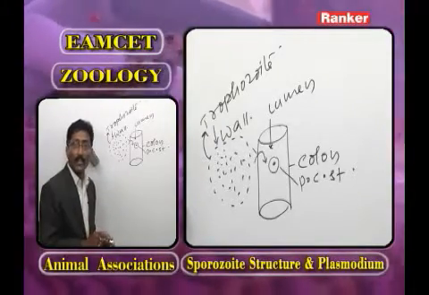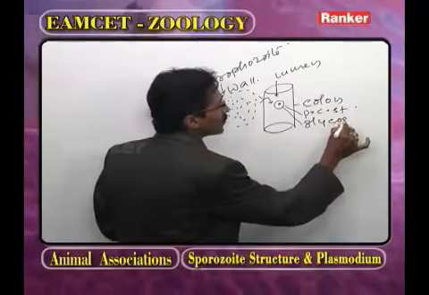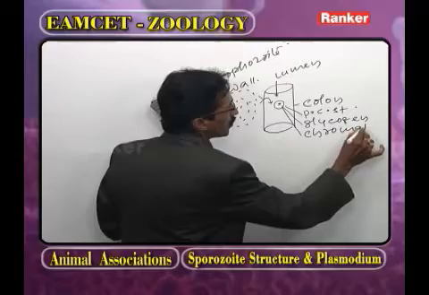In the body of the pre-cystic stage, what are present? The glycogen granules and chromatoid bodies.